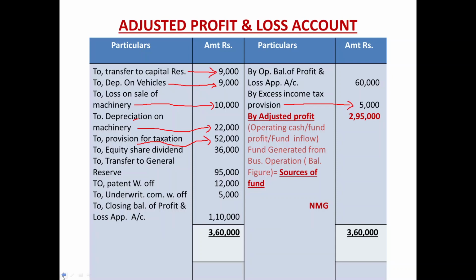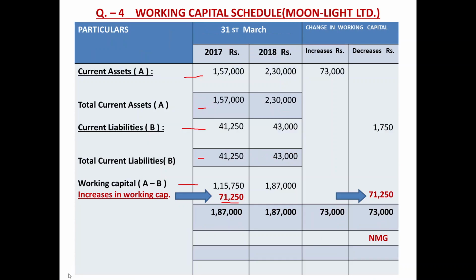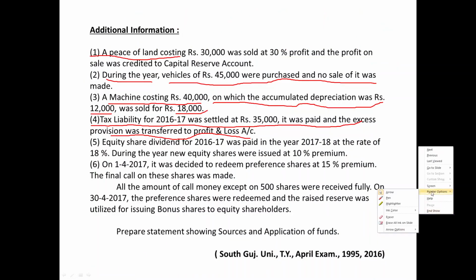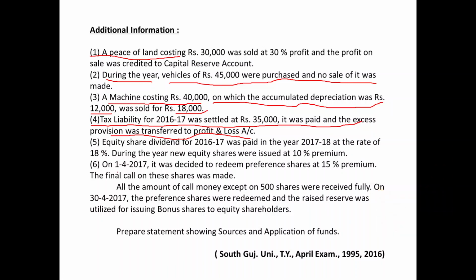Let us verify the additional information once again for next point of the question. Point number 5. Equity share dividend for 2016-17 was paid in the year 17-18 at the rate of 18%.